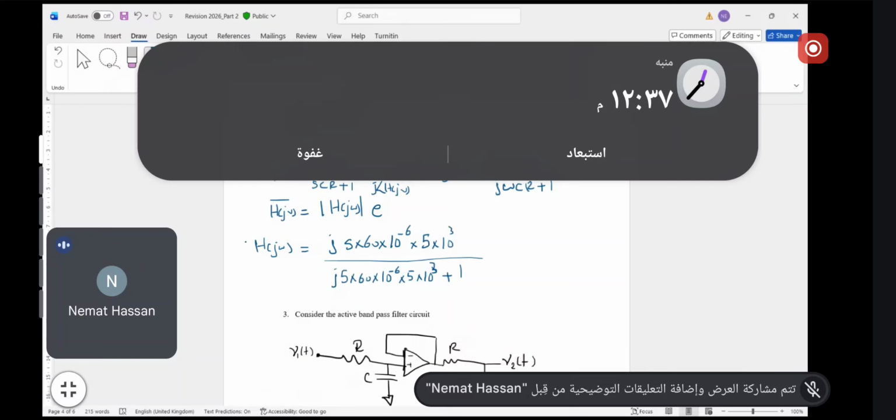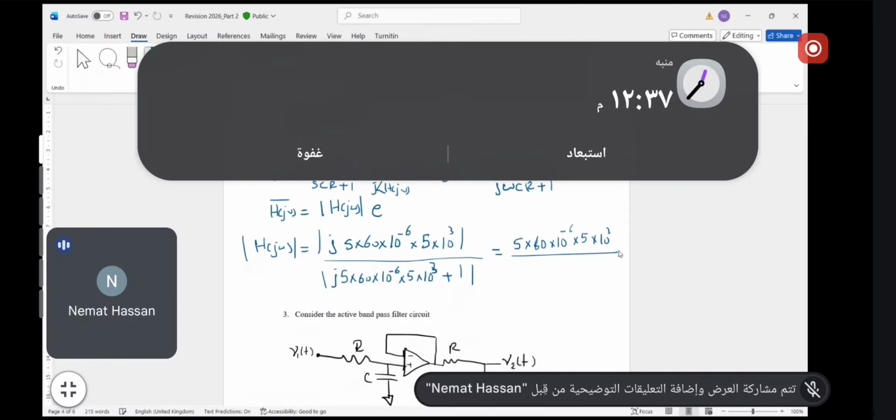And the magnitude is this, right? The magnitude of the numerator will be the same value without the j, because we take the imaginary part squared and then the square root of it. So it will be 5 times 60 times 10 power minus 6 times 5 times 10 power 3.